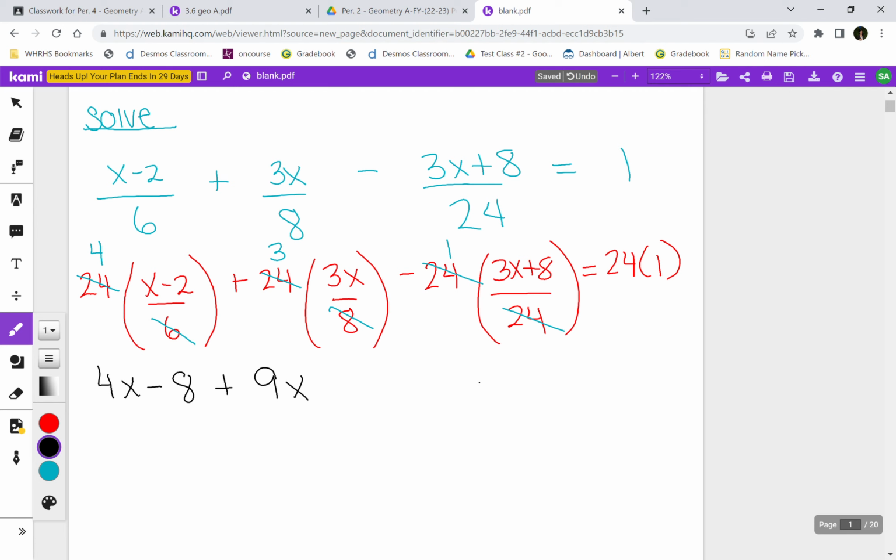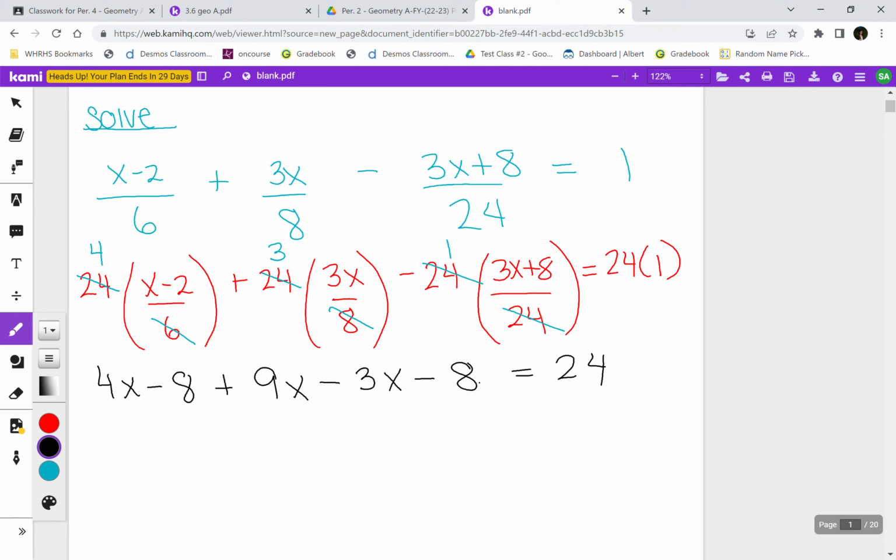When you have a minus sign and then a binomial, what must you do? You need to distribute in that negative to it all. So this is a minus 3x and a minus 8 equals 24.